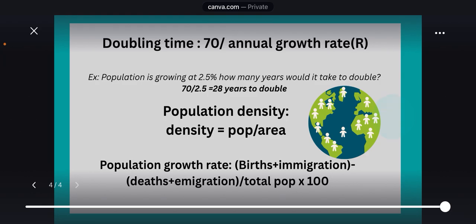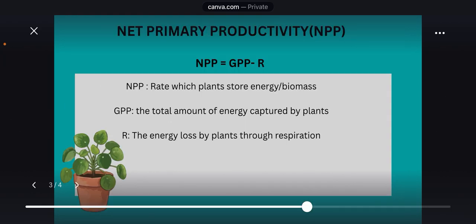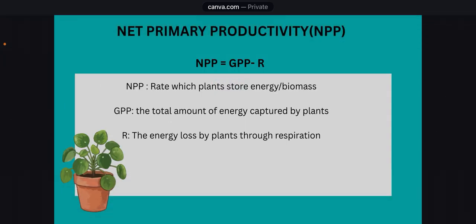Next, we have net primary productivity, which is short for NPP, and it's basically GPP minus R. NPP is the rate at which plants store energy as biomass.